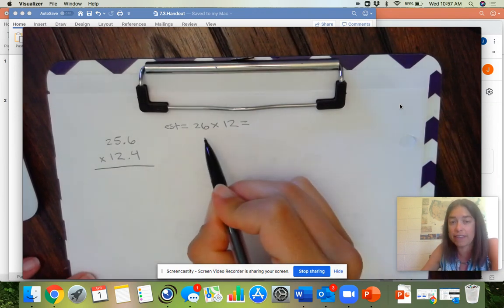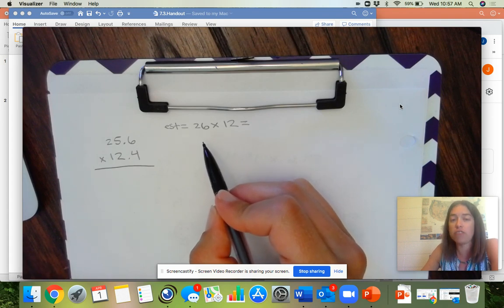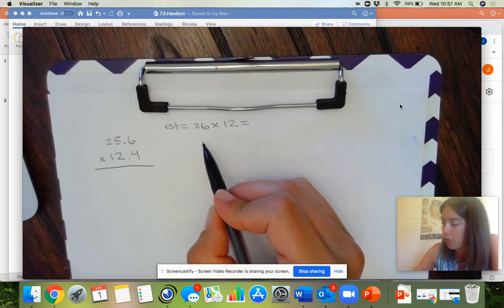What is 26 times 12? You can use a standard algorithm. You can use partial products. Go ahead and solve this so we know about the answer we're looking for.